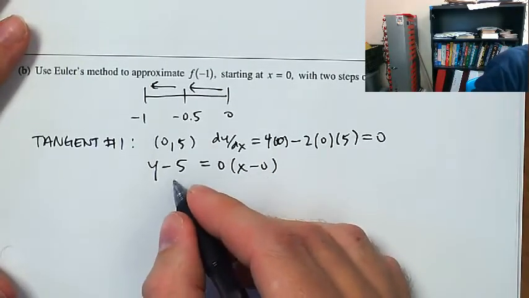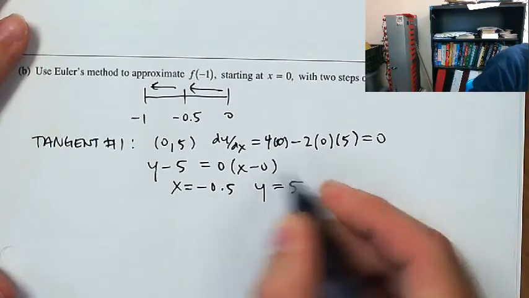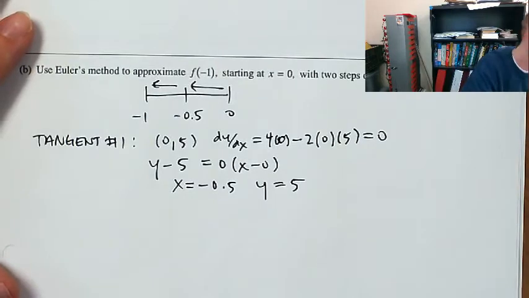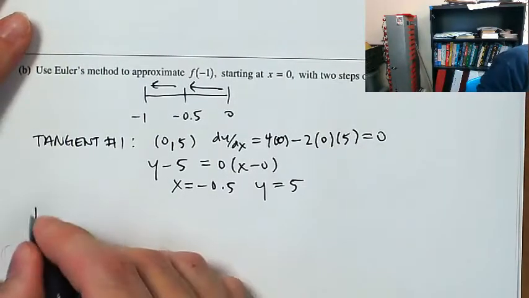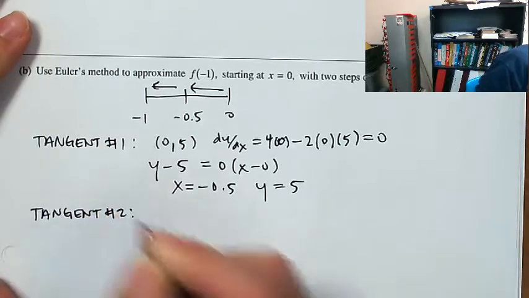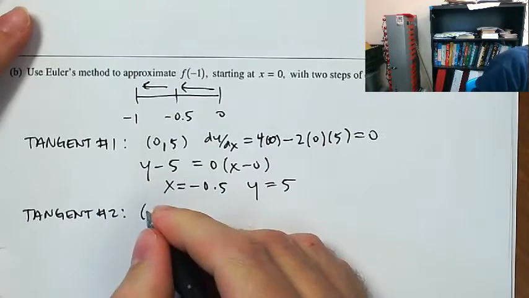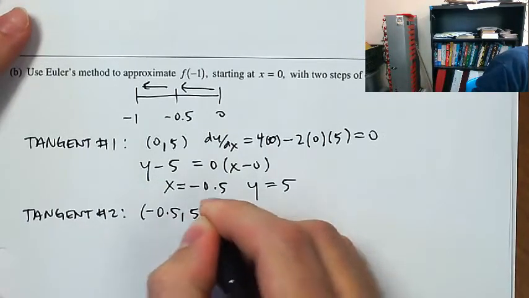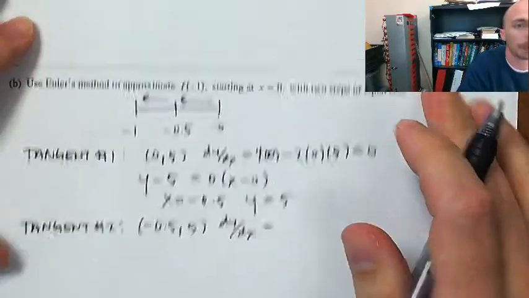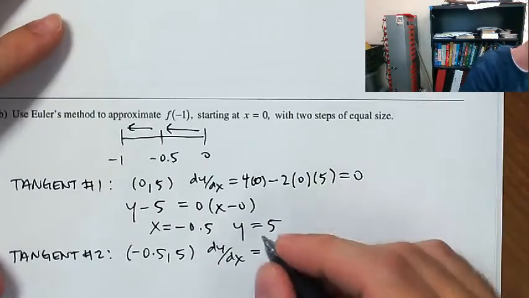Okay, then I'm going to plug in my first step. That's going to be x equals negative 0.5, and y is going to equal 5 again, because I'm multiplying 0 by negative half. Now I'm going to write my second tangent. I have a point negative half and 5. My slope, dy/dx, is equal to 4x minus 2xy.